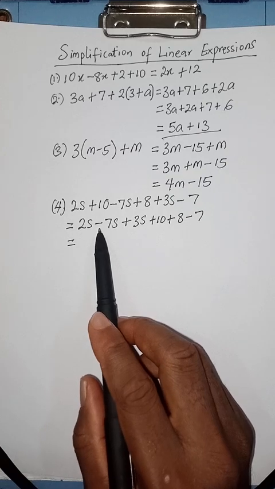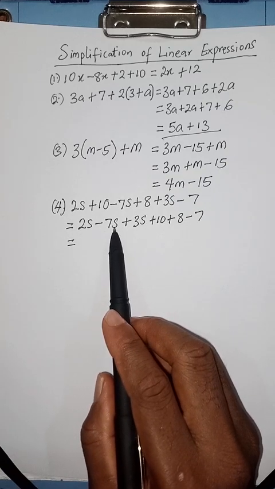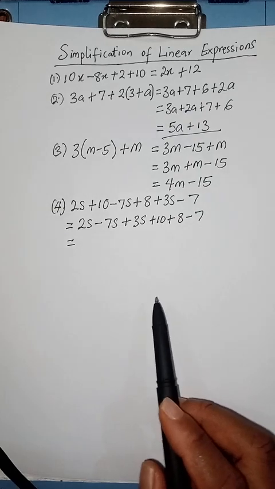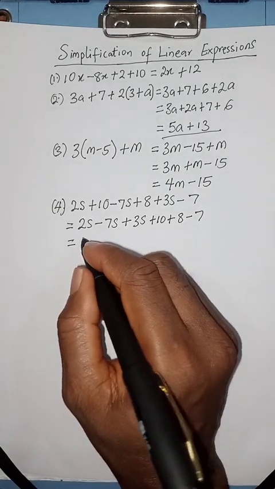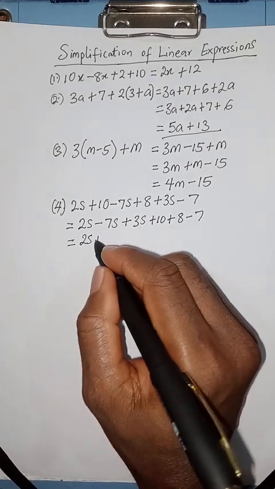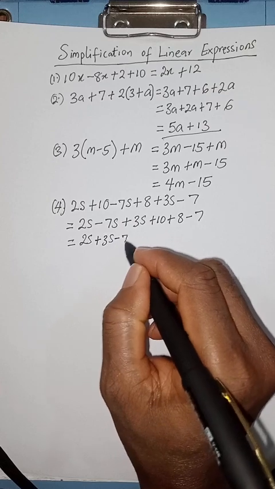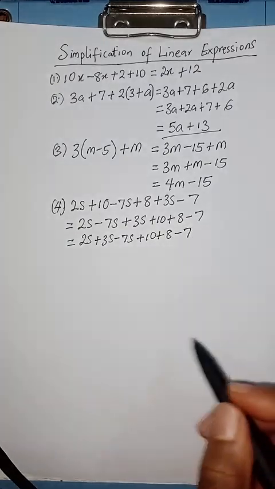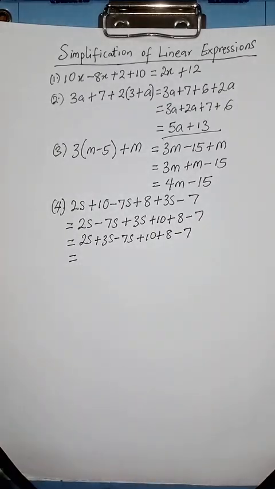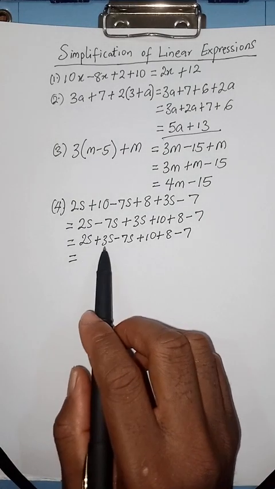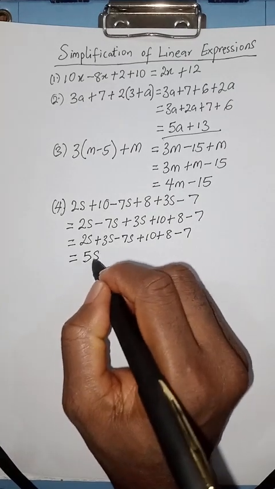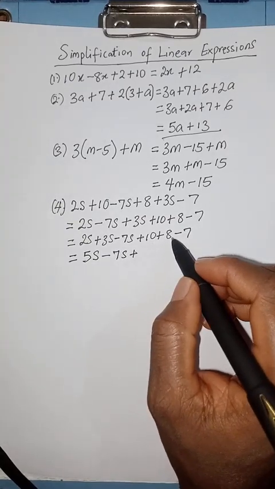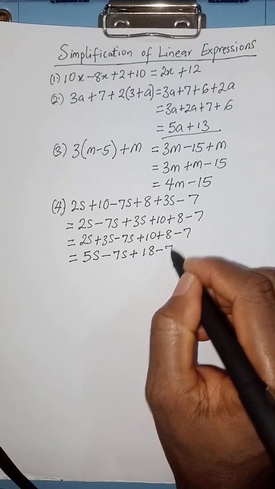And taking another step. 2x minus 7x. If you like, you can decide to add first before you subtract so that your work becomes easier. So I'll say 2x, bring it to one side, plus 3x minus 7x plus 10 plus 8 minus 7. The reason why I'm taking this step is because I don't want to make a mistake. 2x plus 3x is 5x minus 7x, plus 10 plus 8 is 18 minus 7.